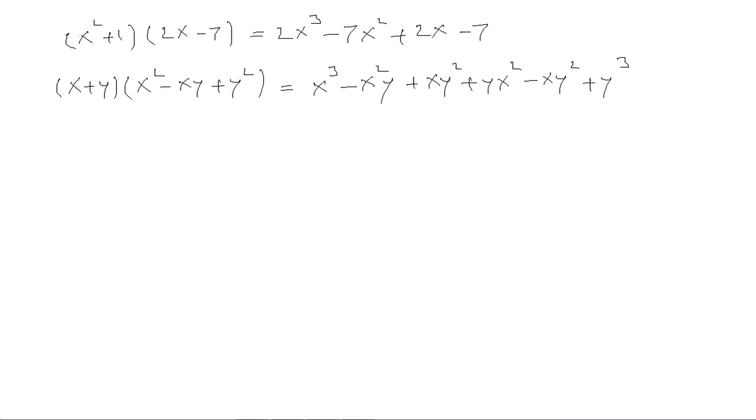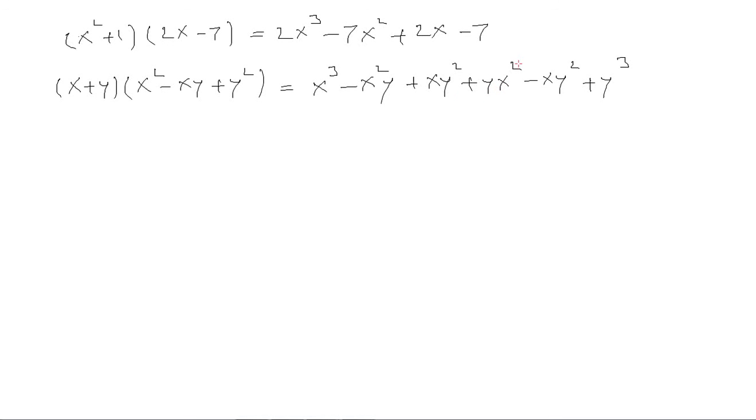Now, as you can see here, I have a negative x squared y, and I have a positive x squared y. These are actually like terms because we have x squared and y to the power of 1, and you know that the order doesn't matter. So negative 1 x squared y and a positive 1 x squared y cancel each other.